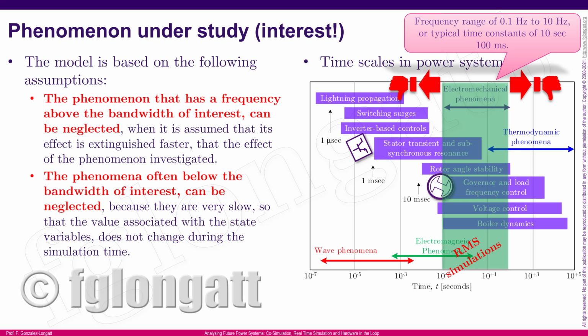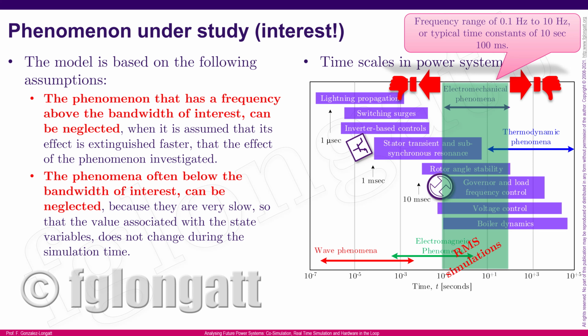There is a general assumption that we use when we are using those time scales. We have a very specific phenomenon that we want to study. For instance, if we are interested in power system stability, we go for electromechanical phenomena. And electromechanical phenomena have a very specific time constant between 10 seconds and 100 milliseconds.